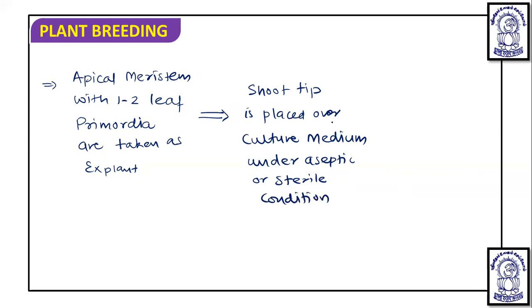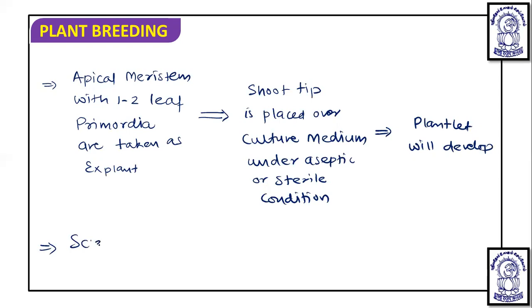Aseptic or sterile conditions are virus-free conditions, and the plant will develop. In such a way, meristem culture can be done.